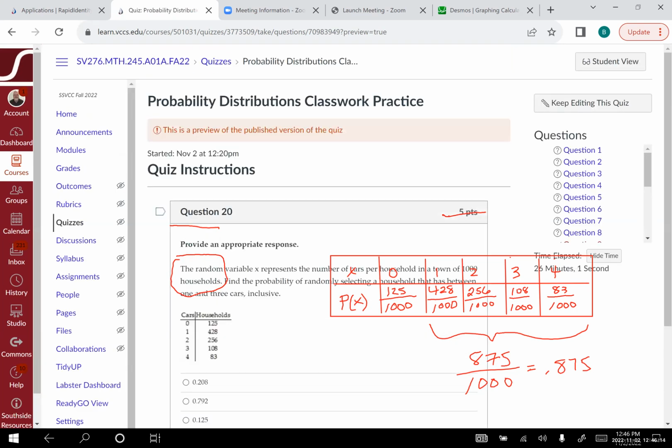All right, one more, and that'll be it for today, and same data again. So that's good.